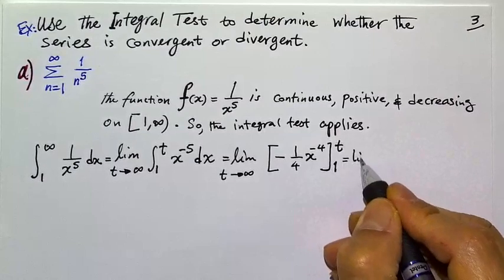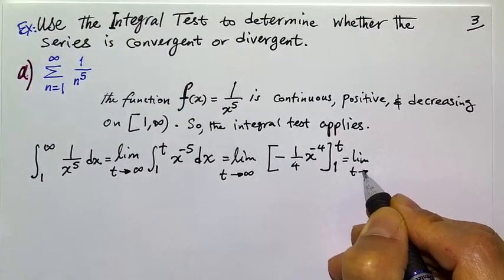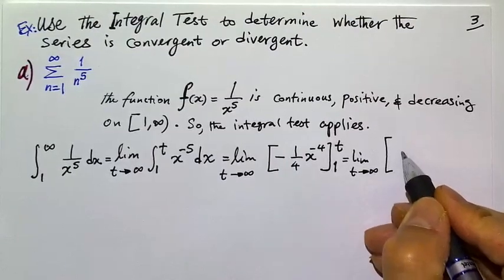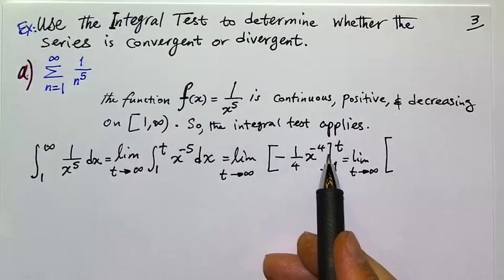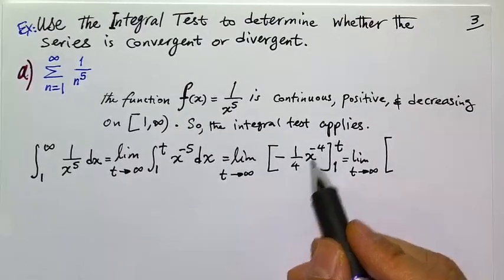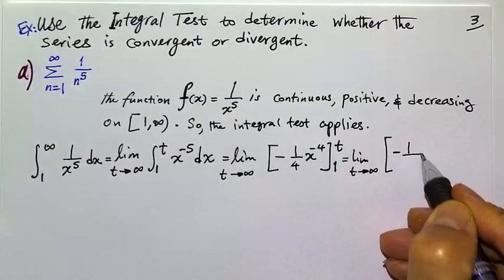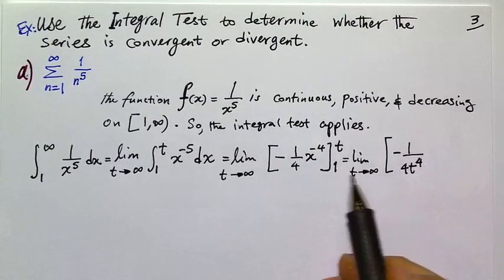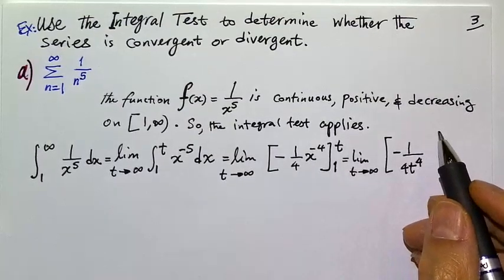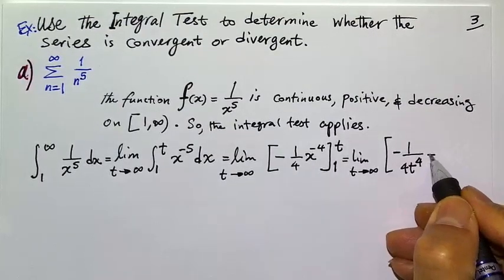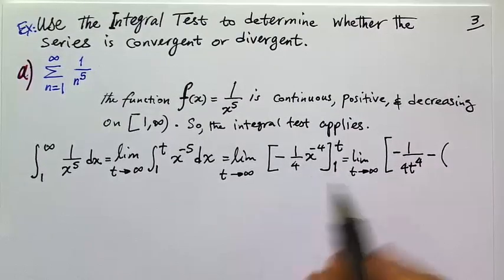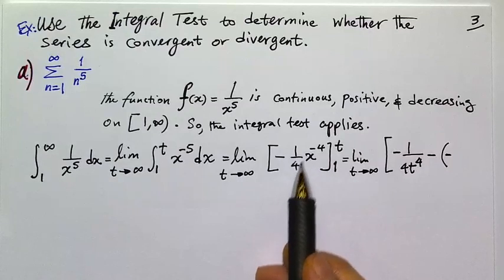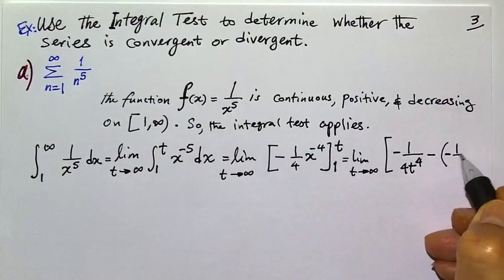So this would be equal to the limit as t goes to infinity of, let's just substitute for x with t, and then I'll rewrite this as minus 1/4 t to the positive 4 power, putting it in the denominator, and minus 1/4, right? Because substituting for x with 1, this is just minus 1/4.